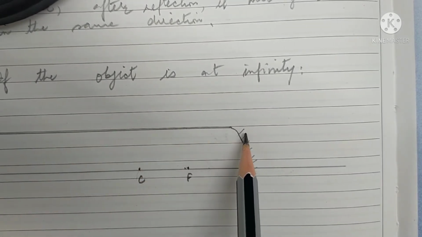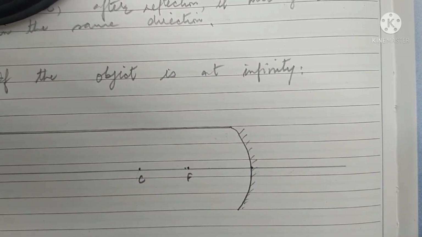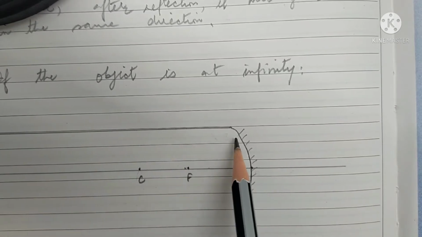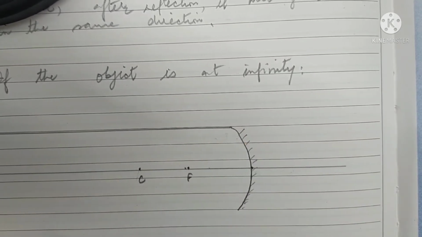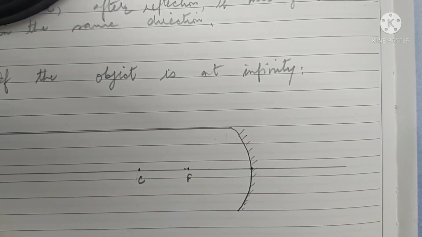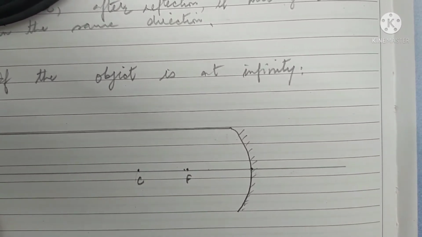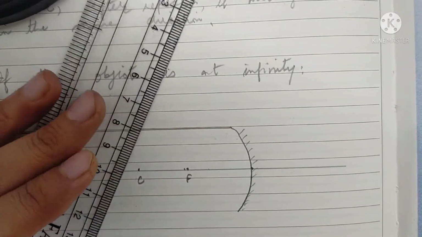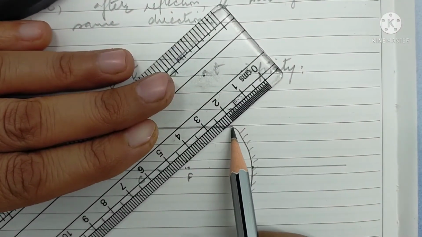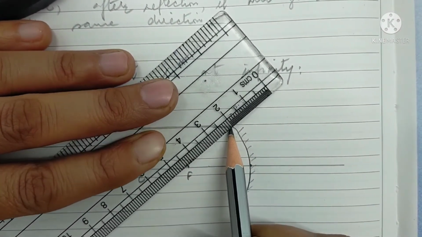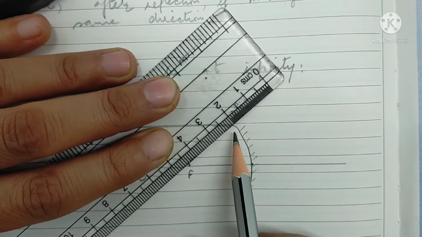If you do not take it fully up to the mirror, that means your reflection is not there, because if it is striking the mirror, then only it is getting reflected. Okay, so you have to make sure that you take the first ray from the tip of the object, and it has to reach the mirror, and then after striking the mirror from this point, it will pass through the focus of the mirror.